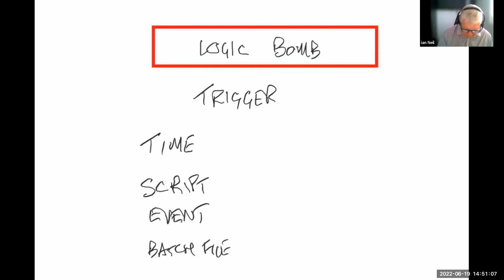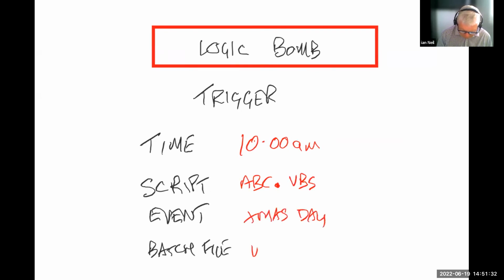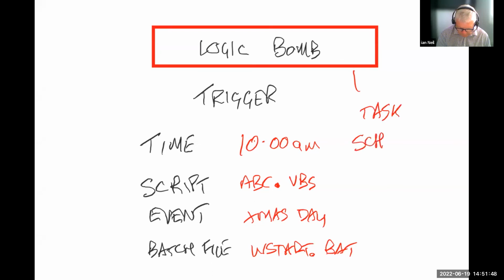So this could be 10 a.m., that could be something like ABC.Visual Basic Script. It could be Christmas Day, or it could be a wstart.bat file, and that's a file that will start. And the other thing it could be is a task scheduler, because in Windows, you can actually schedule tasks to run at a certain time.